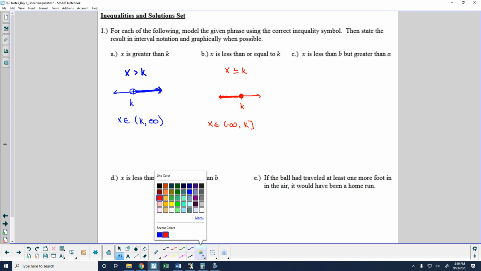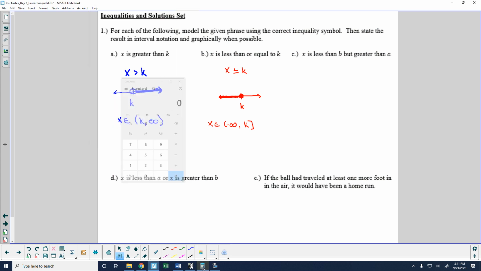Let's take a look at C. C starts to throw in what we call a compound inequality, which we will go a little bit further into in the next video. So in C, it says x is less than b, but greater than a. This word but can also be written as the word and. So x is less than b. If I represent this here, this would show us that x is less than b. So the inequality symbol is opening towards b.